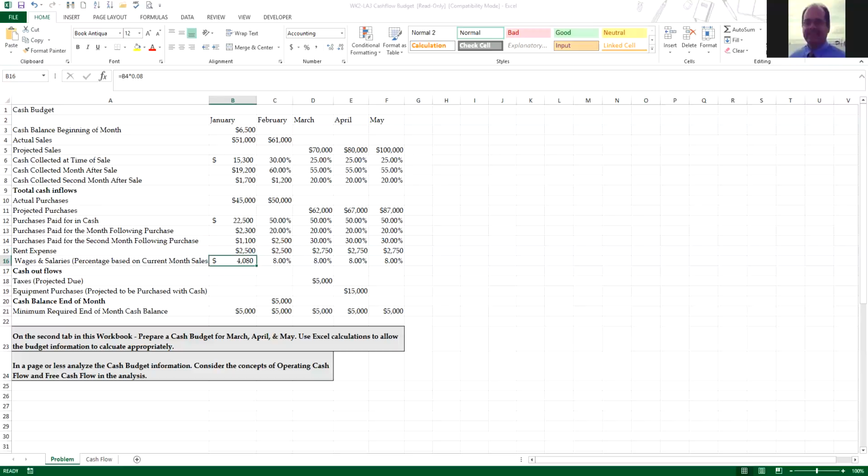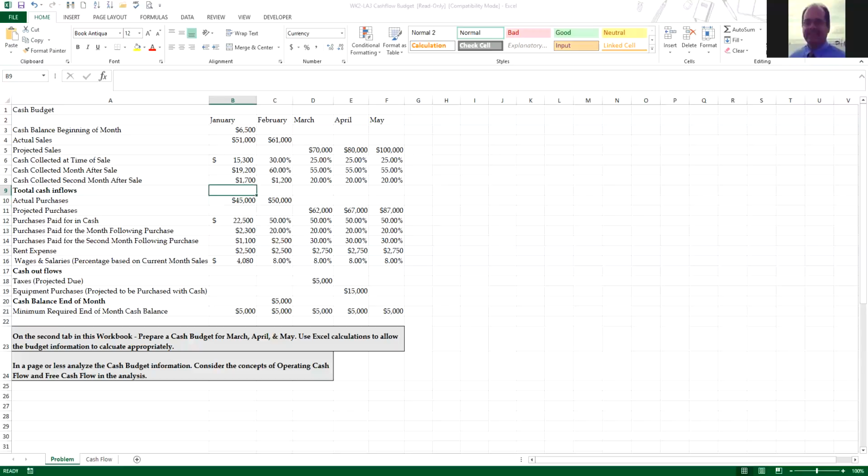Now we need to figure out our total cash flows, our inflows, because in the cash budget you have your inflows and you have your outflows. You've got cash flows coming into the business from operations. Then you've got cash flows going out of the business for operations. Your total cash inflows is going to be the cash collected at the time of sale, the cash collected the month after the sale, which was 19,200, and the cash collected the second month, which was 1,700.